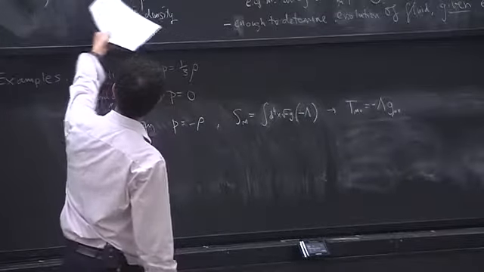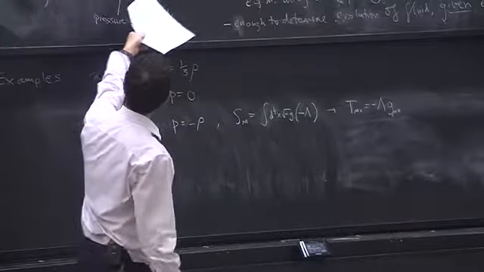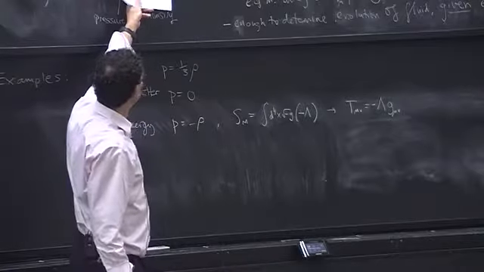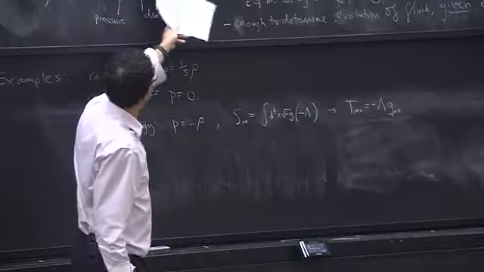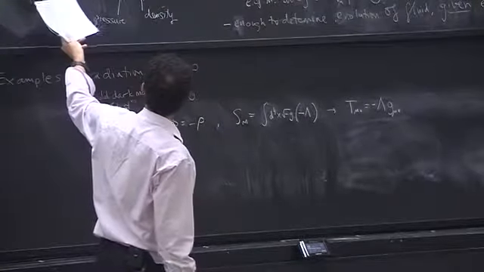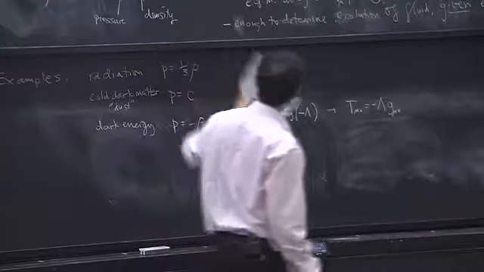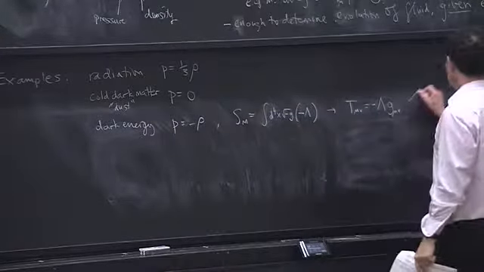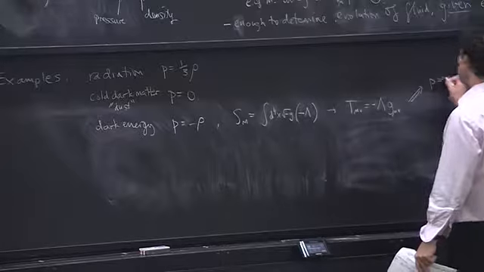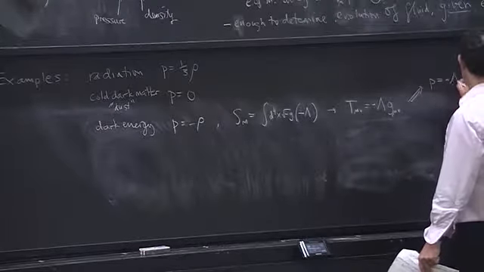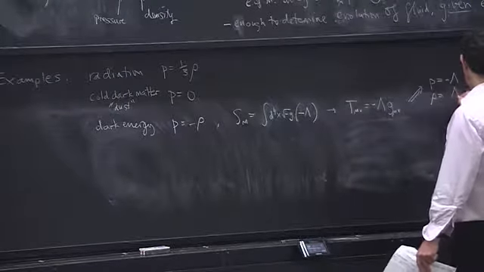So you can see from here, if P is minus ρ, this term is gone, okay? And the T^{μν} is P g^{μν}. And so this implies that P equals minus Λ and ρ equals Λ.